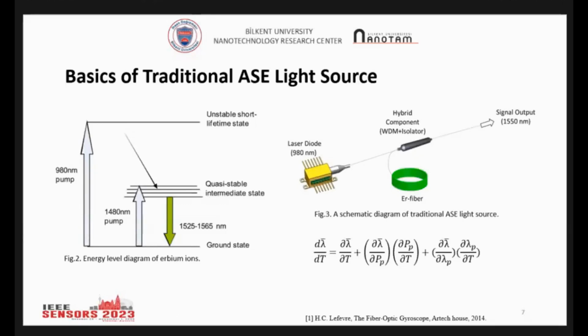You can see the formula. The central wavelength of the ASE light source is directly related to the erbium ions' temperature change, pump power versus wavelength change, pump power versus temperature change, and pump wavelength versus temperature change.